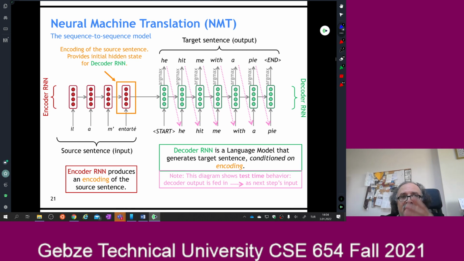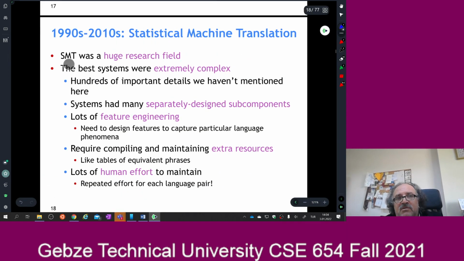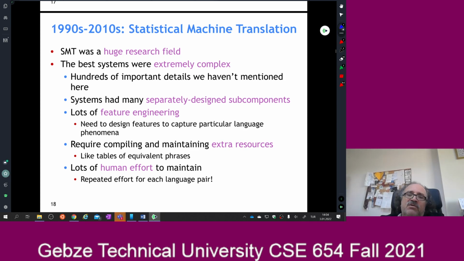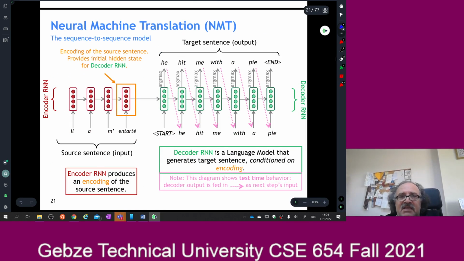Okay, so it turns out that this structure works better than all those 30 years of statistical machine translation work. Okay, and the nice thing is, what is the nicest thing about this picture compared to statistical machine translation?